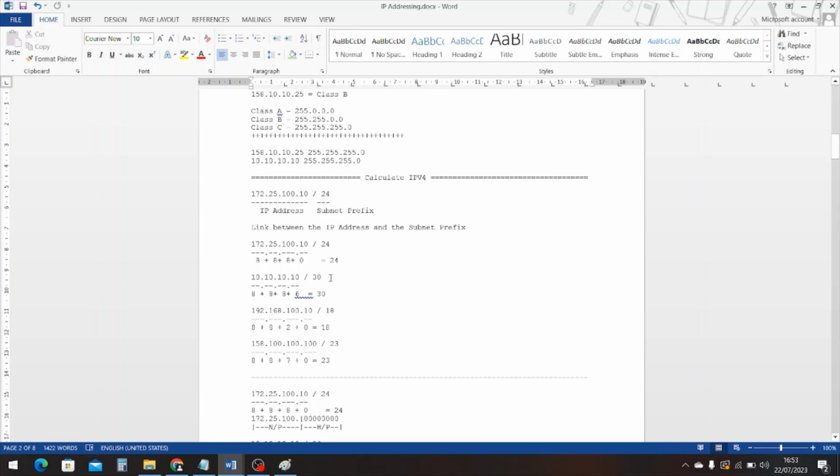10.10.10.10/30. Remember, it starts from your left and goes to your right. So to your left, it's the full amount that's going to be associated. That's 8, 8, 8, 8, 8, 8, 24. There's 6 left. If it is 18, you do the calculation now. 8 plus 8, 16.